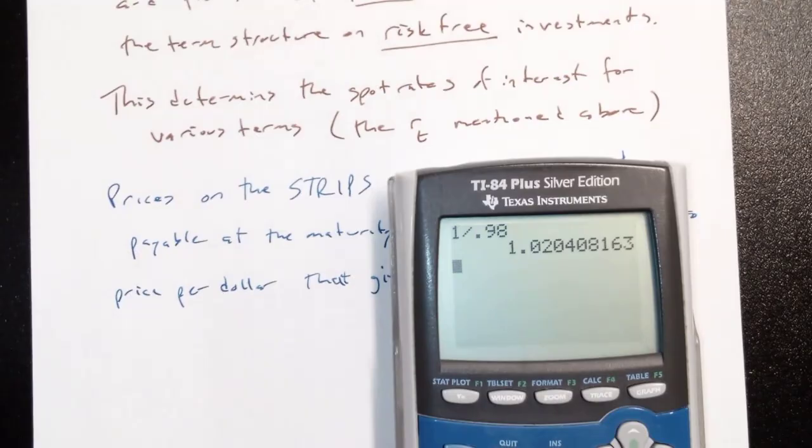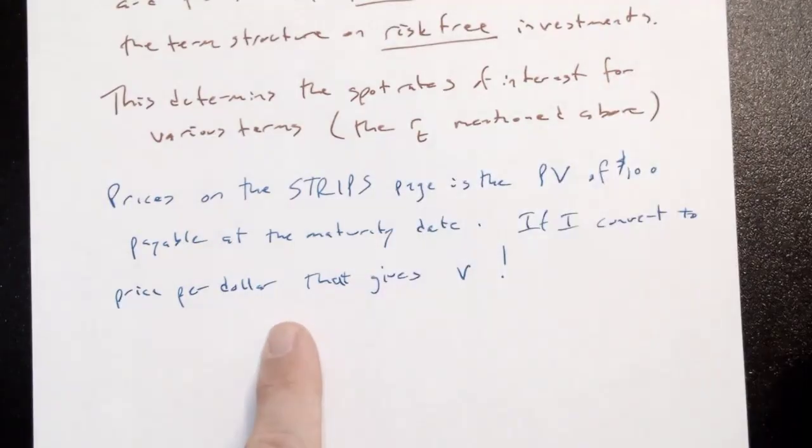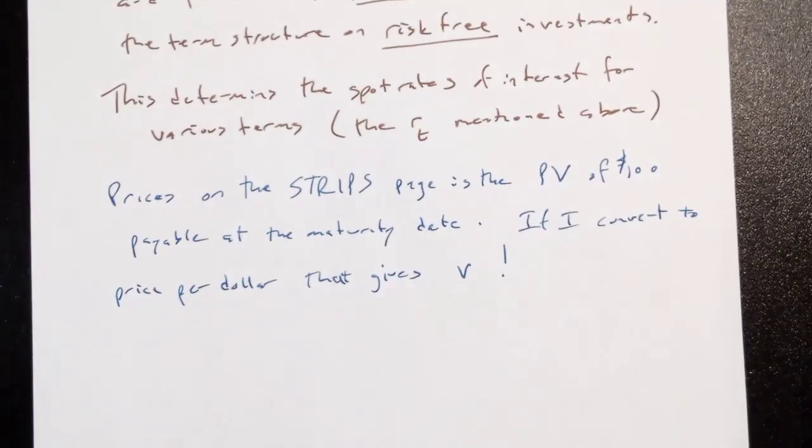I know the price on a stripped piece. That's my zero coupon bond. I can use that to determine my spot rate by using the price per dollar. Payments are listed as annual rates, compounded semi-annually.